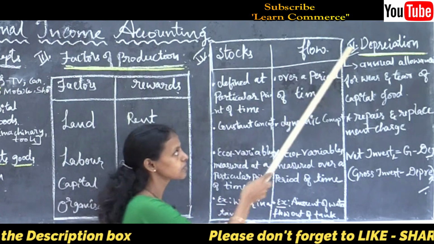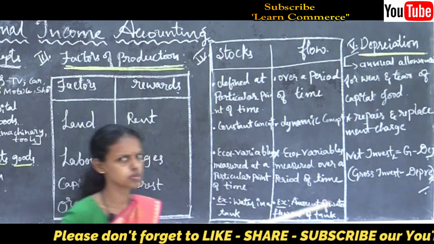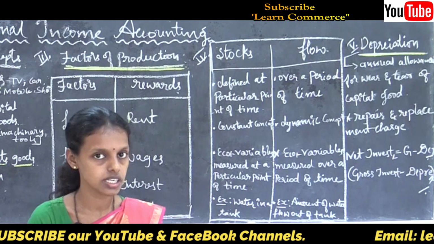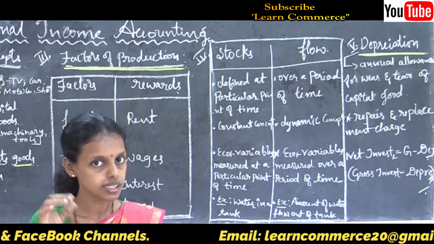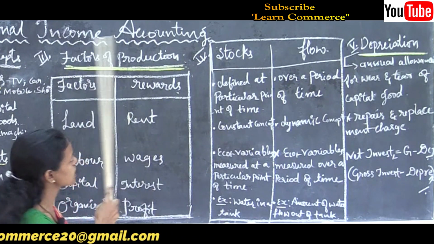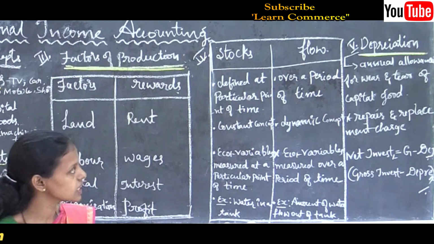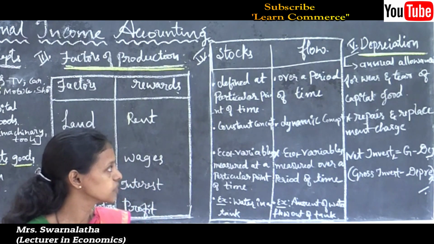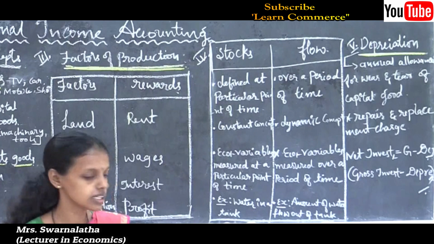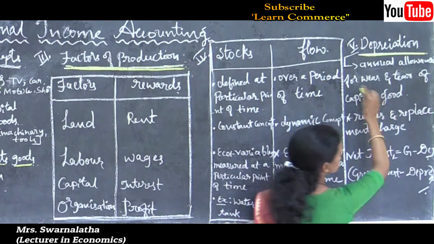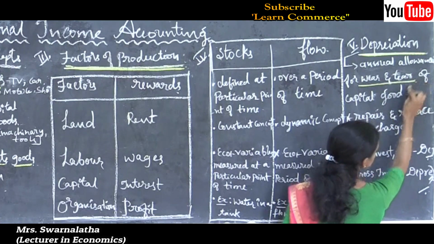Next, move to depreciation. What is depreciation? While discussing investment and calculating national income, we are going to take depreciation, but depreciation is never included while calculating national income. Depreciation is nothing but annual allowances for wear and tear of capital goods.